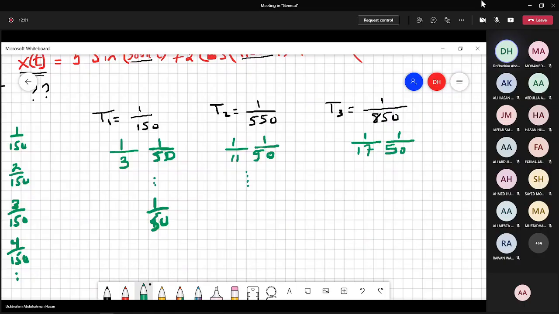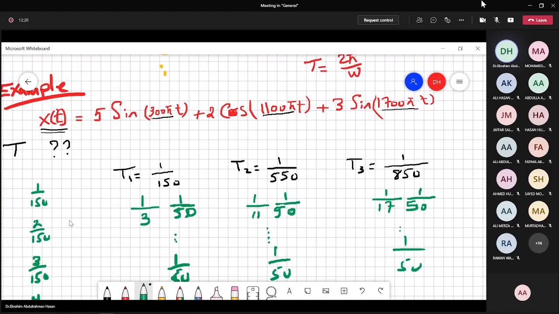Similarly, after 11 times for the second one, it reaches 1 over 50. And for the third one, after 17 times, we again reach 1 over 50. Then 1 over 50 will be common. So 1 over 50 seconds. 1 over 50, how much? 20 milliseconds.